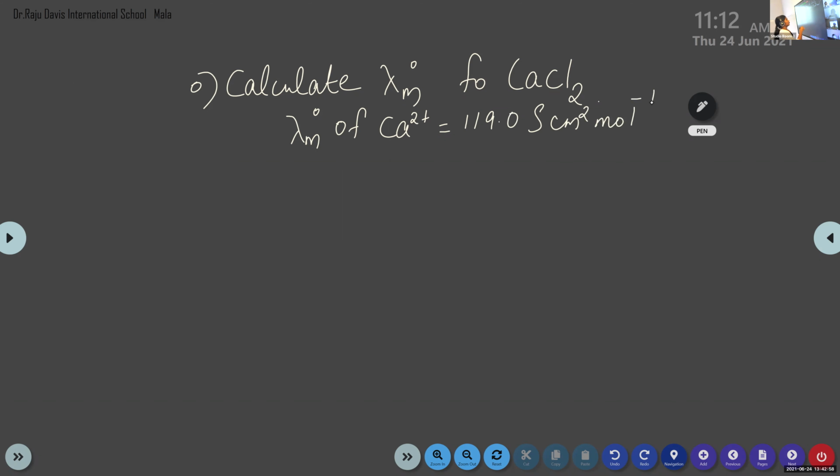Then the lambda m0 of Cl- ion is equal to 76.3 Siemens centimeter square per mole. Then you have to calculate the limiting molar conductivity for CaCl2.